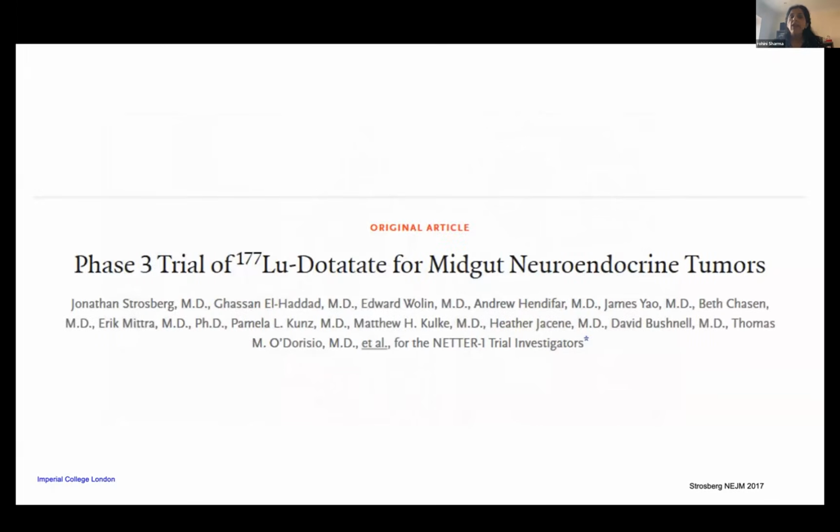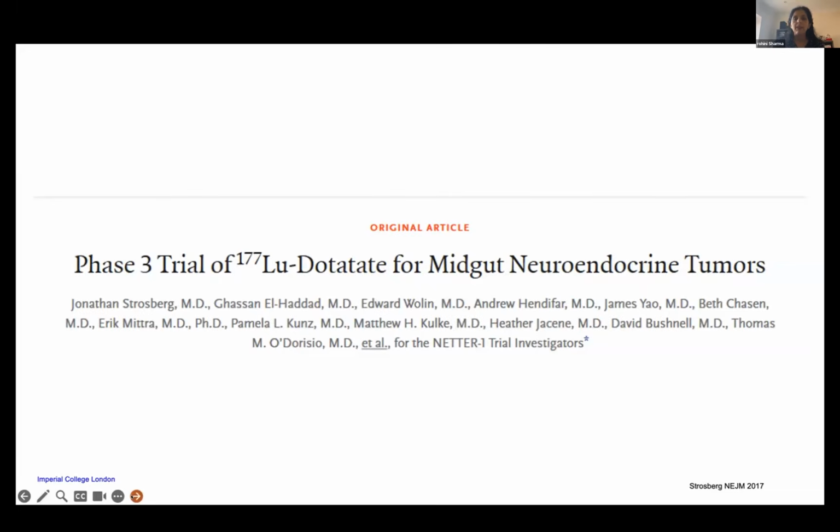The efficacy of this was shown in the hallmark NETTER-1 trial, which was one of the most exciting trials to come out in neuroendocrine tumors. This was a phase 3 trial of lutetium dotatate. Lutetium is the long-acting radiation that I spoke about, while dotatate is the somatostatin analog that sticks to the cancer itself.